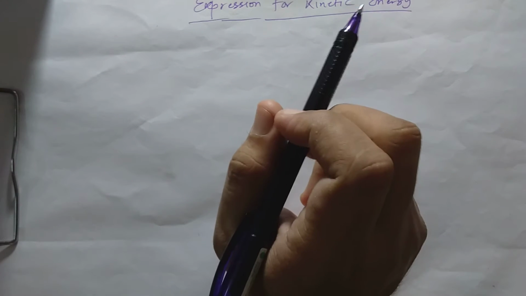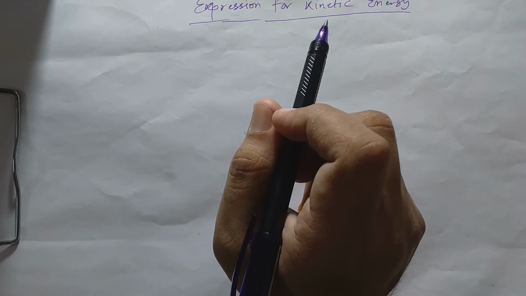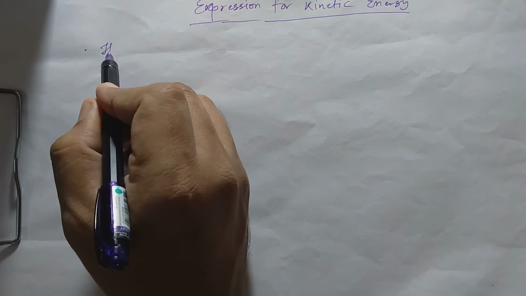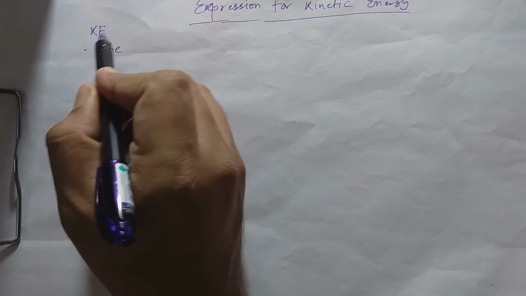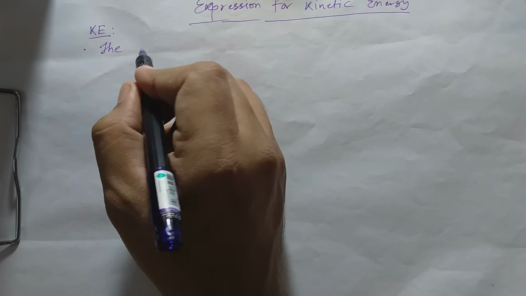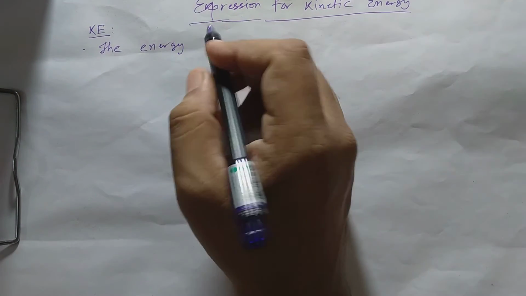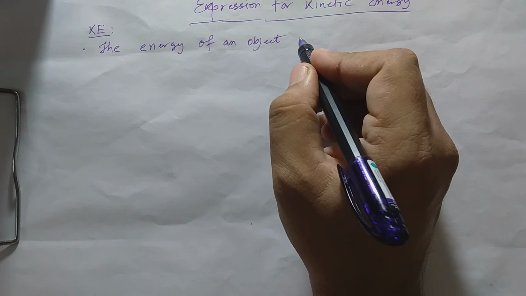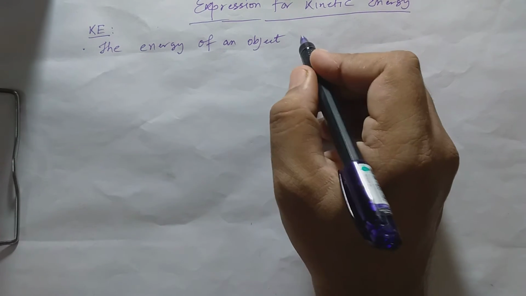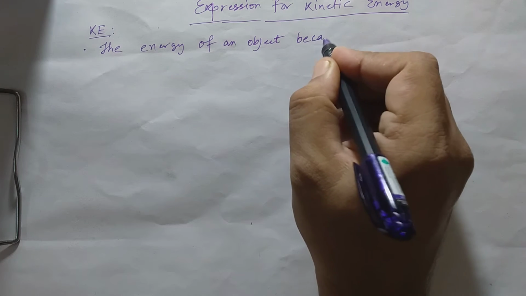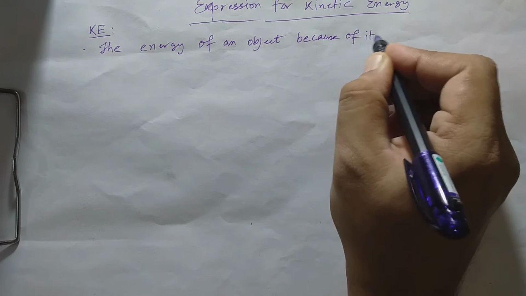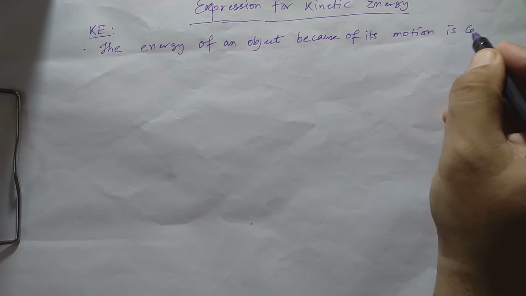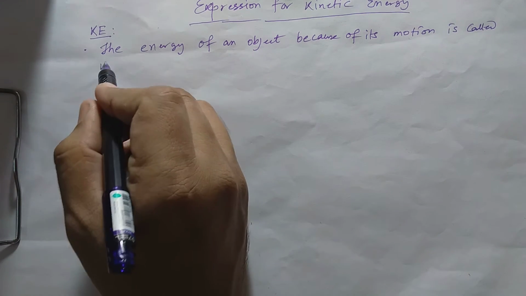So what is kinetic energy? Kinetic energy is the energy of an object because of its motion. Kinetic energy, short form KE: the energy of an object because of its motion is called kinetic energy.